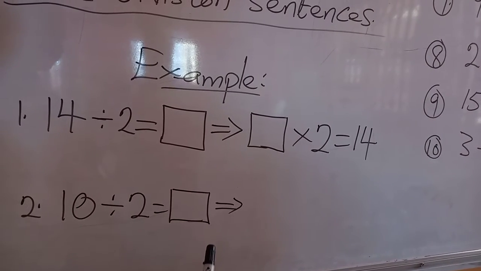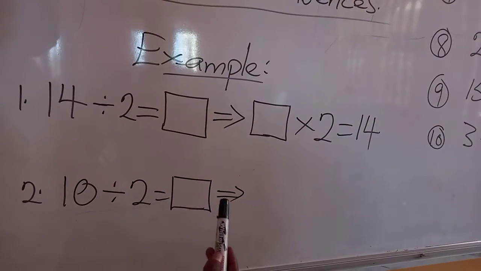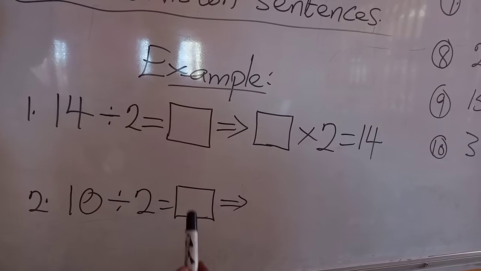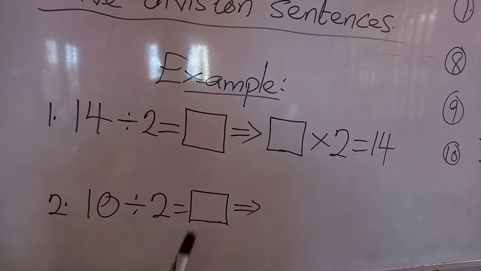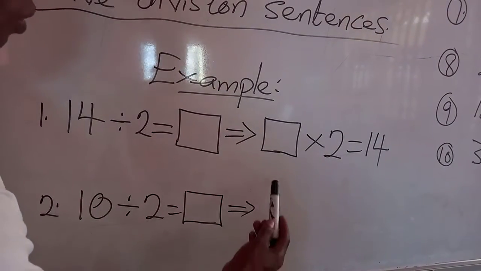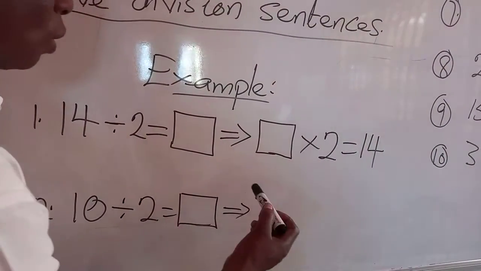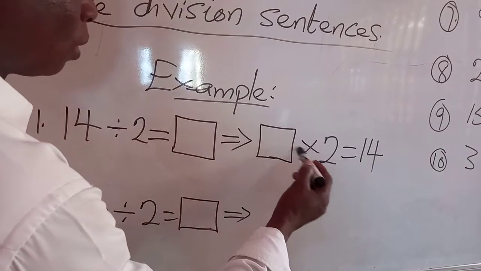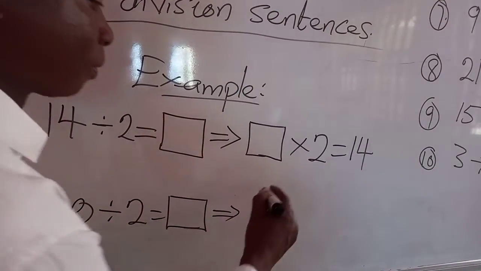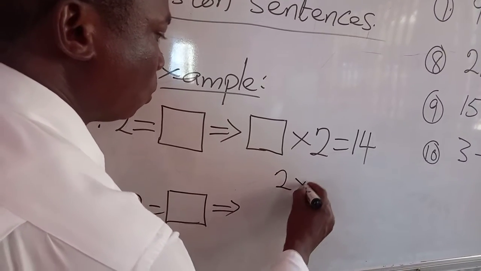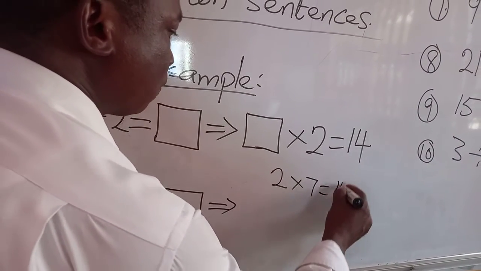Let's read: 2, 1, 2; 2, 2, 4; 2, 3, 6; 2, 4, 8; 2, 5, 10; 2, 6, 12; 2, 7, 14. That means 2 times 7 equals 14.